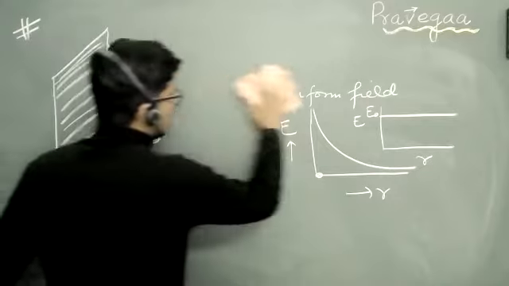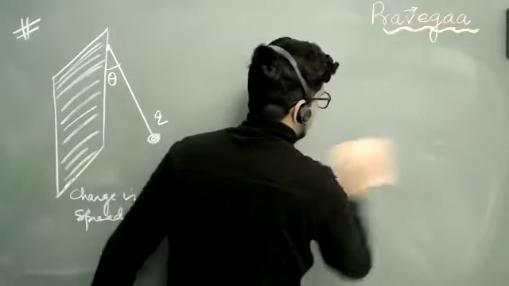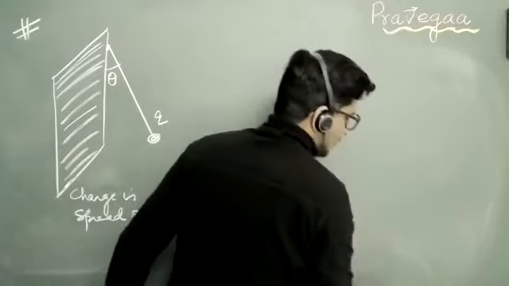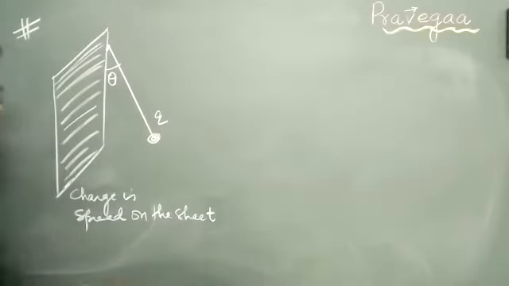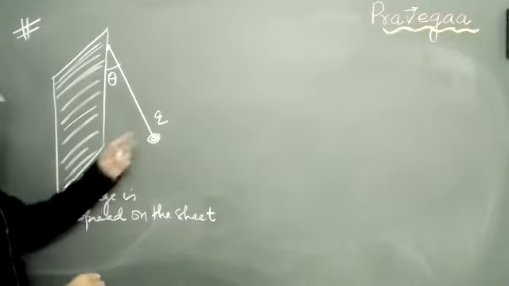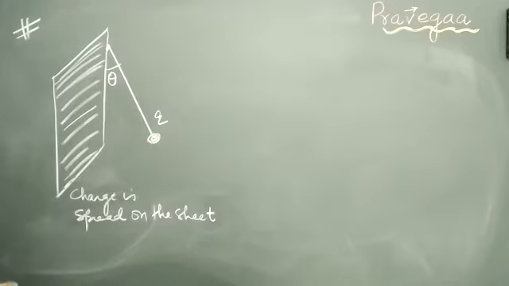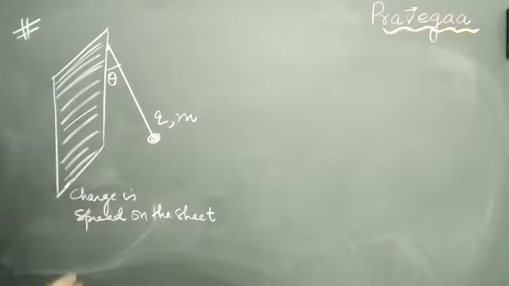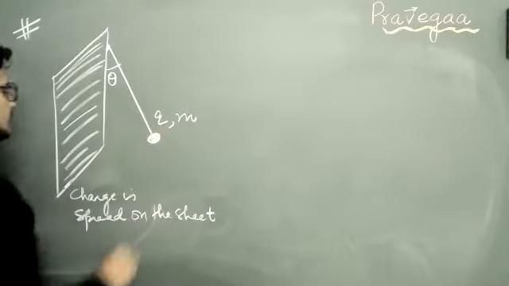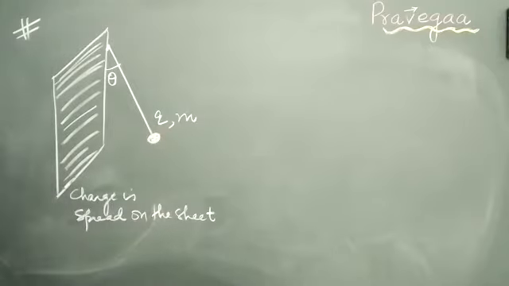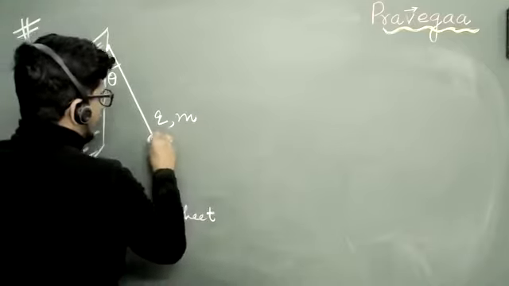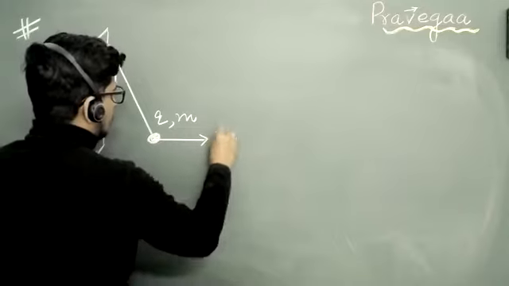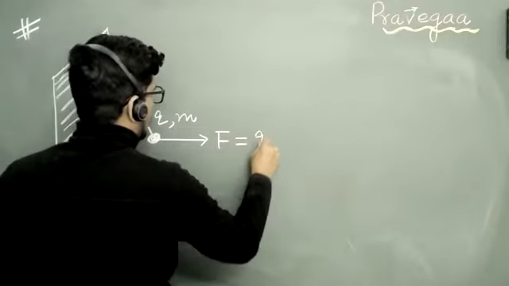My focus is that you all should learn the resolutions and be absolutely clear about the resolution. So this is the charge, and this body has some mass also. Because of the E naught field, it will feel a force on this side equal to Q E naught.